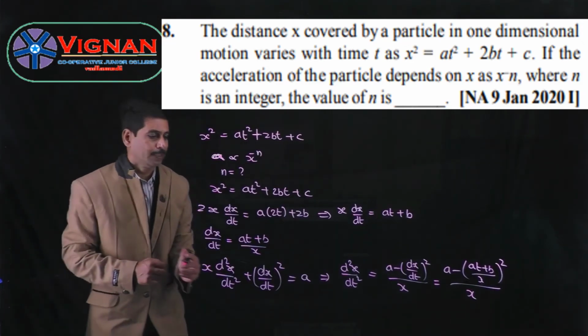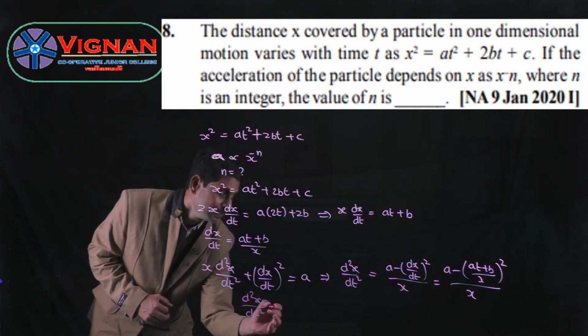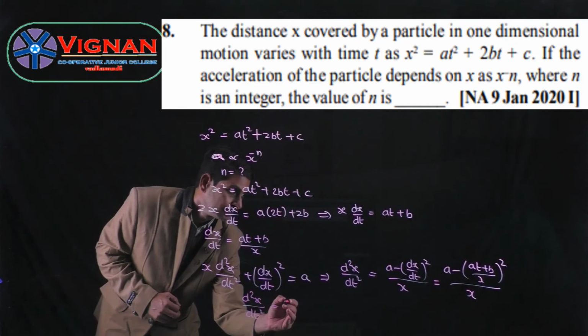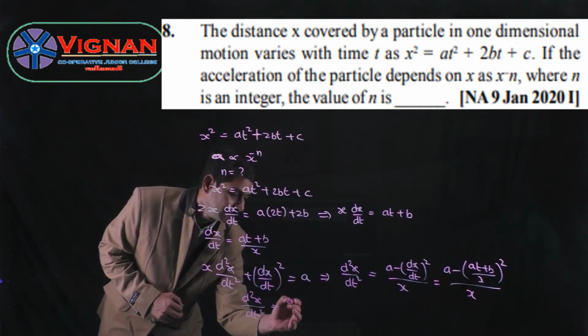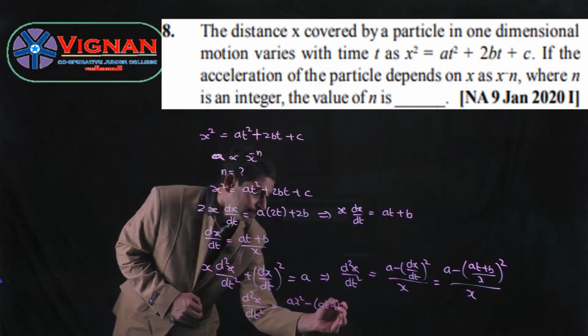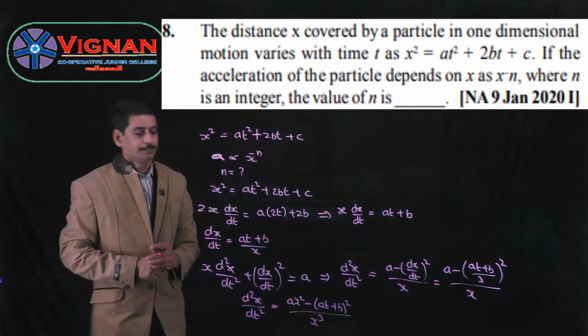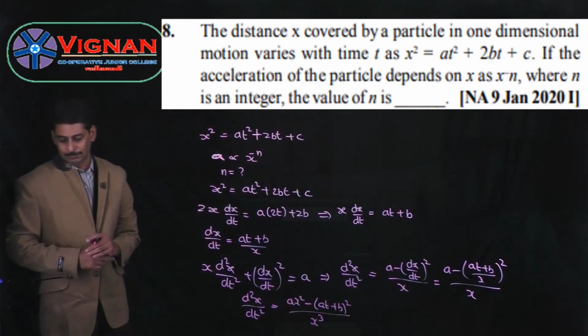By simplification we get d square x by dt square is equal to a x square minus at plus b whole square by x cube.